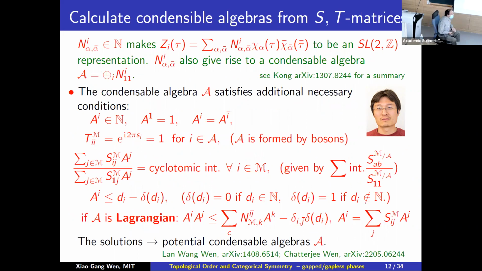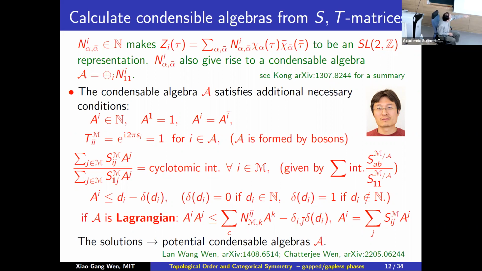There's some mathematics. A should be a non-negative integer, and A is non-zero only for bosons. It should also be a cyclotomic integer, some number theory thing.